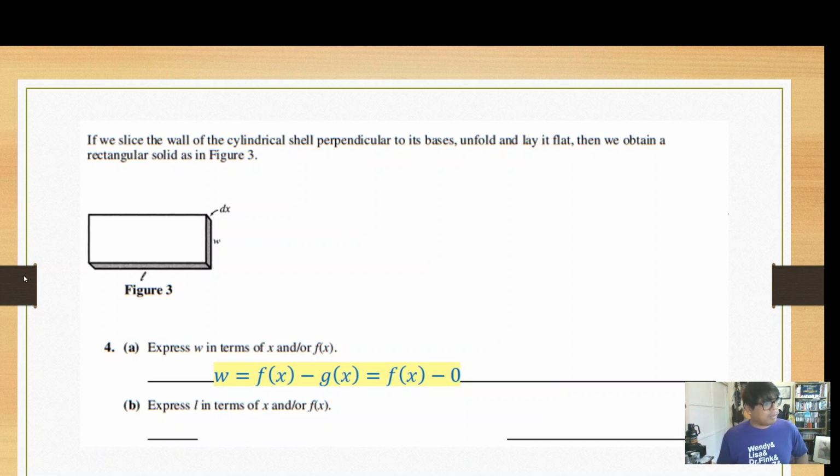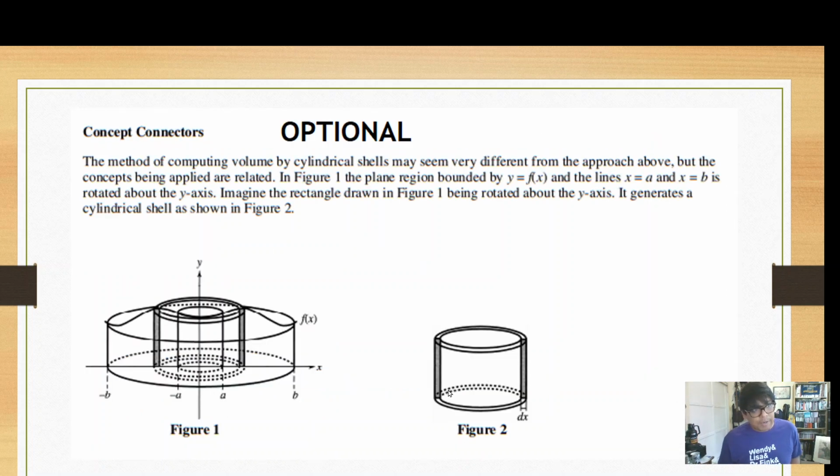How about L? The length of this, what would that be? Well, coming back to figure 2, the length of that would have been the circumference of this shell. And the circumference of that shell is kind of dependent upon where this shell stacks up. Okay, how far from the axis of rotation is it?